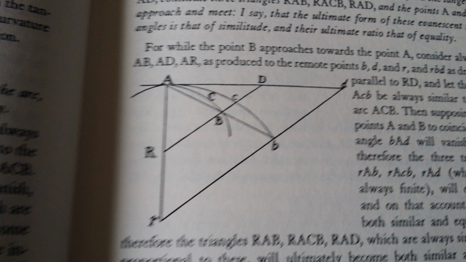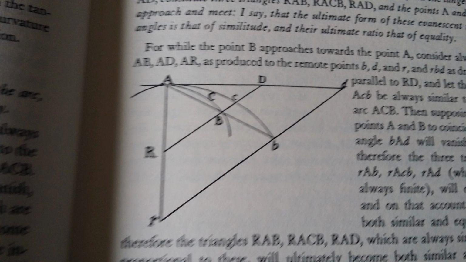Then supposing the points A and B to coincide, the angle bAd will vanish, and therefore the three triangles rAb, rAcb, rAd, which are always finite, will coincide, and on that account become both similar and equal.